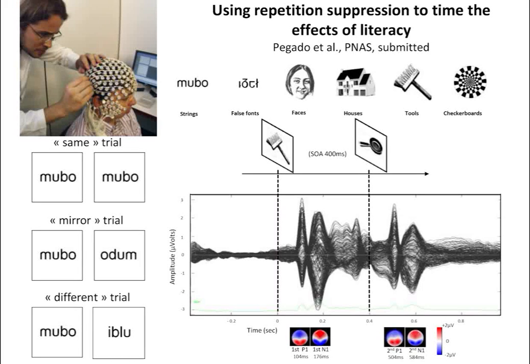Now, these studies of literacy that we've done with adult literates and illiterates have mostly been done with fMRI, and there was only fMRI in our Science paper. But fMRI, of course, cannot tell you about the timing of activation. So recently, we've also been finalizing the analysis of event-related potential data that we acquired in the very same subjects, with the very same stimuli.